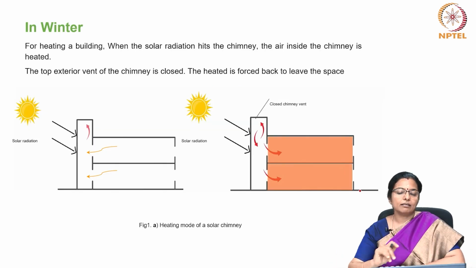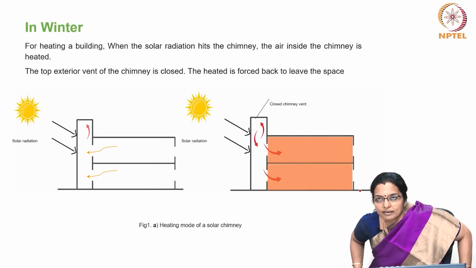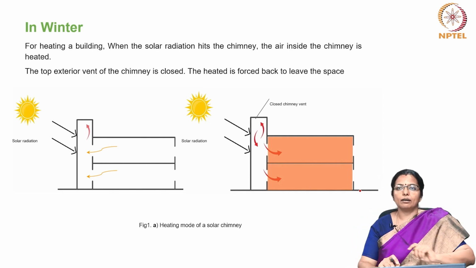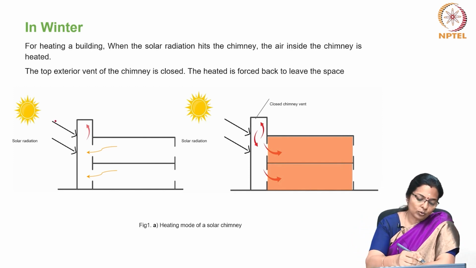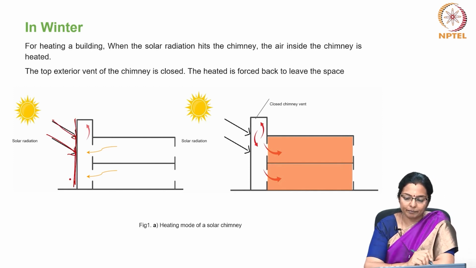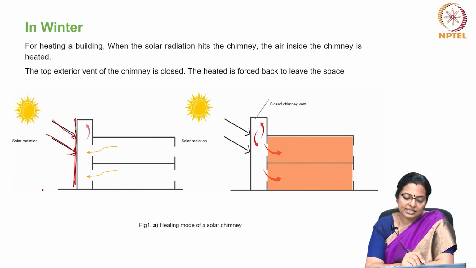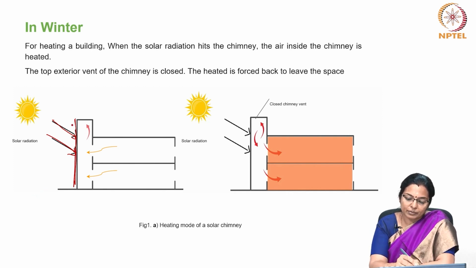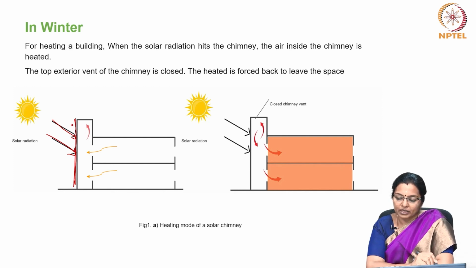So in winter, we need to heat the building. For heating a building, when the solar radiation hits the black surface of the chimney, the air inside becomes warm. The top exterior vent of the chimney is closed.